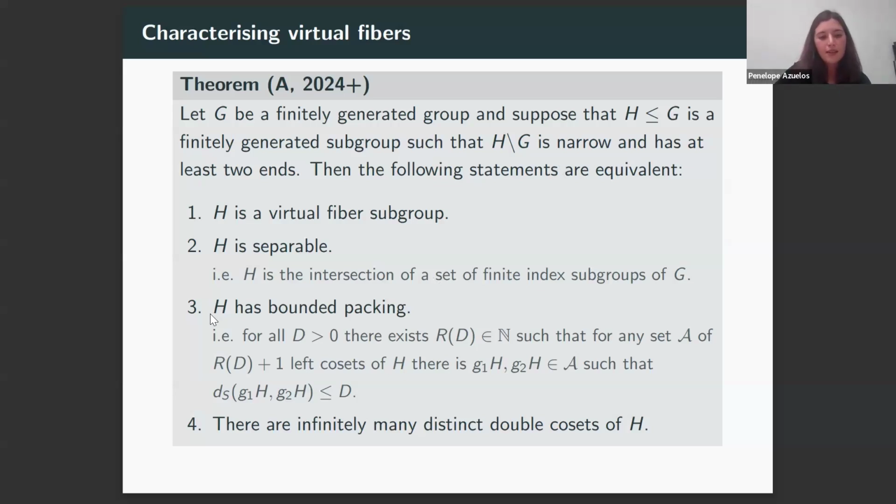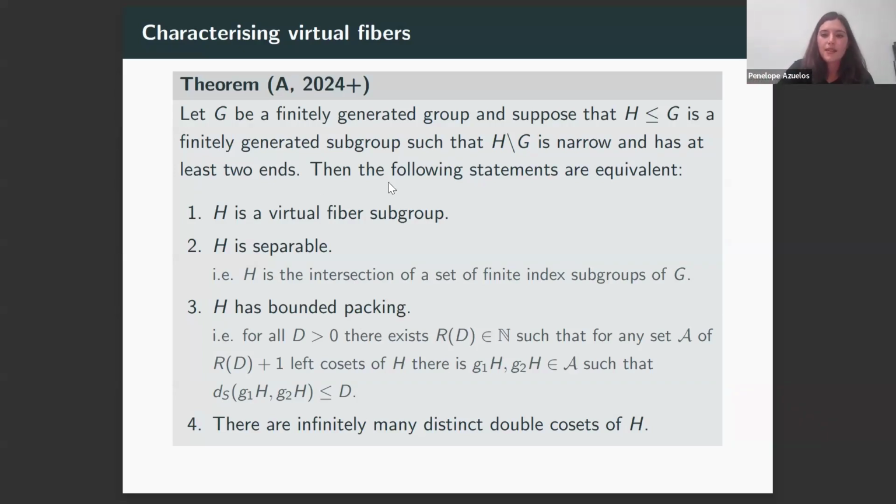But if you add this assumption that H has bounded packing, then it turns out that this construction gives you a finite dimensional CAT(0) cube complex, which is much better. And as far as I can understand, this property of bounded packing was introduced by Hruska and Wise, and it looks like this is exactly the property that will give you a finite dimensional CAT(0) cube complex when you feed the group to Sageev's construction.